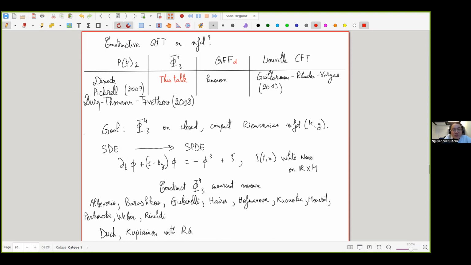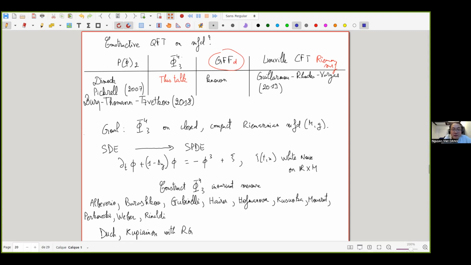I give you some results. They are fairly recent, where they construct the measure on surfaces for the Liouville conformal field theory. This is the work of Guillarmou, Rhodes, and Vargas, also on Riemann surfaces. Then there is the Gaussian free field, which is the free theory. It's not interacting, so it exists in all dimensions on all compact manifolds.